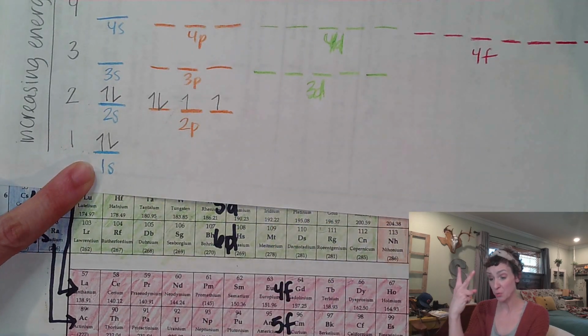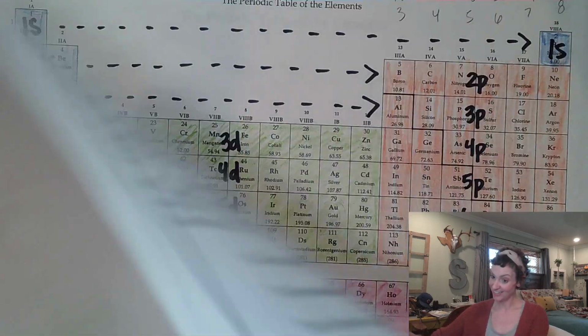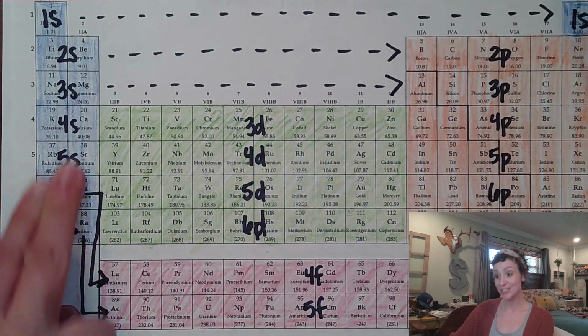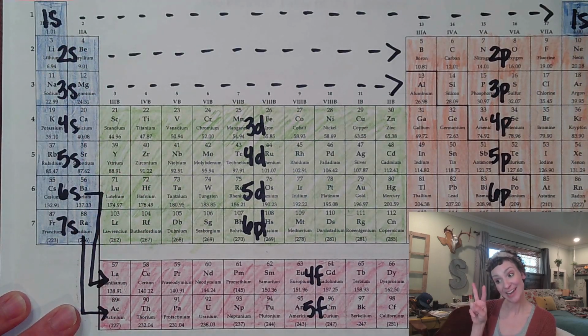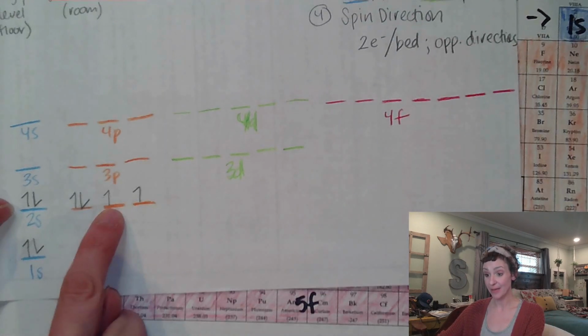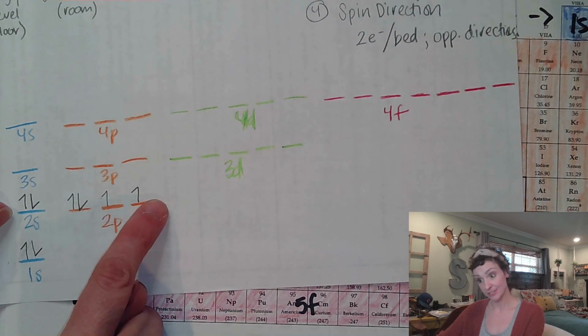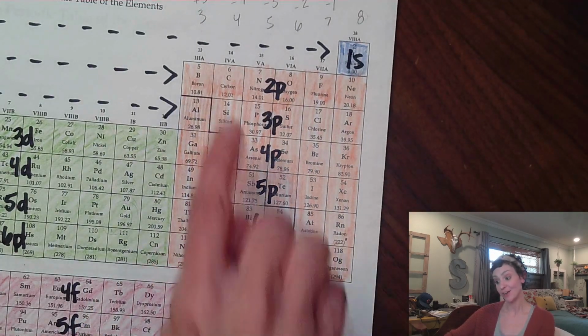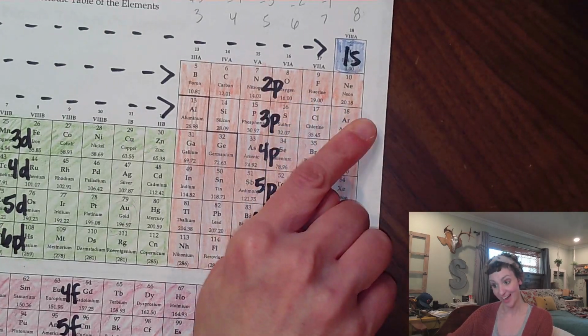One thing I do want you to notice, we know an S room has 1 bed, and we know 2 electrons can fit in that 1 bed. Guess what? My S block is 2 elements wide. We said my P rooms have 3 beds. Well, I can fit 2 electrons in each, so I could potentially fit 6 electrons in a P room. That's why your P block is 6 elements wide.